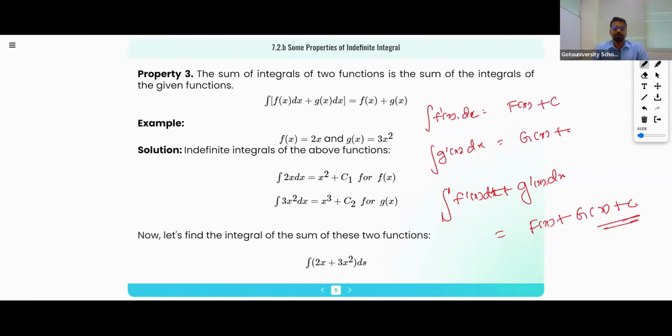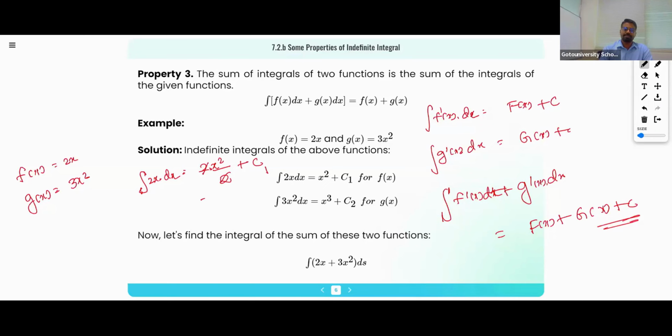Okay, with an example, maybe if I have f of x equal to 2x and g of x equal to 3x square. If you want to integrate the first one, the integral of 2x with respect to x is 2 into x square by 2 plus some constant c1.